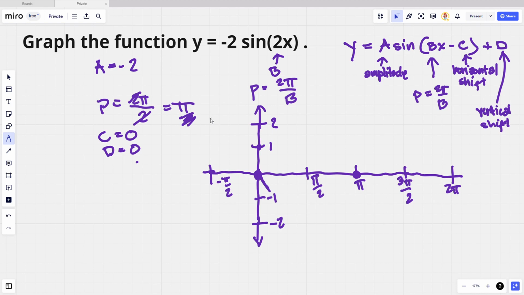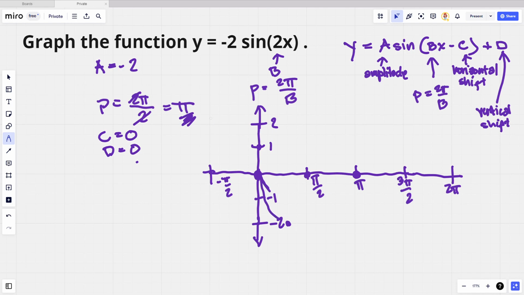We're going to identify the midpoint of the initial and the final points of this one cycle. The midpoint of pi over 2 and 0 is somewhere here, and it should be at -2, because the distance from the midline to the lowest point is 2.